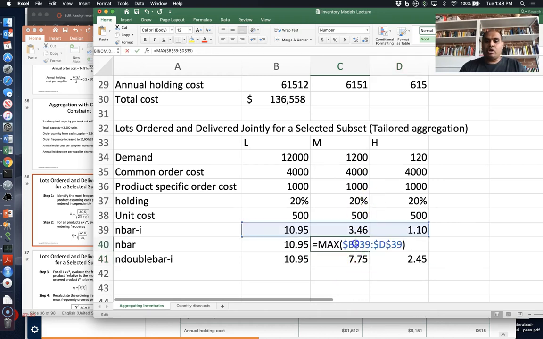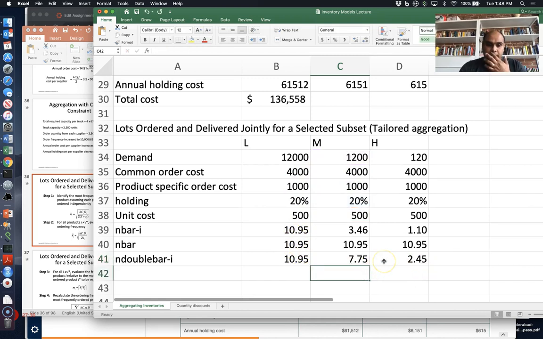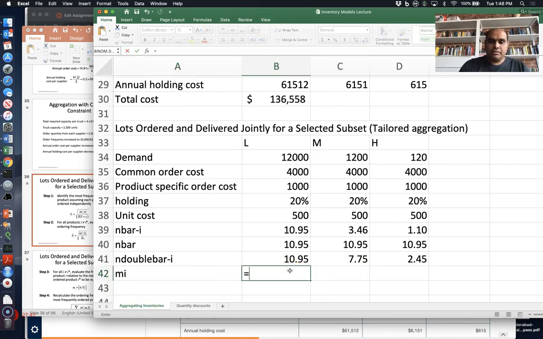That's why we are not including the common ordering cost. The common ordering cost is taken care of by the most frequently ordered item. This is for the non-frequently ordered item. Now using this, we're going to calculate the value of mi. So mi will be n bar divided by n double bar.